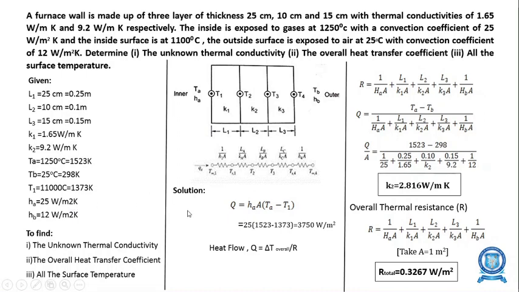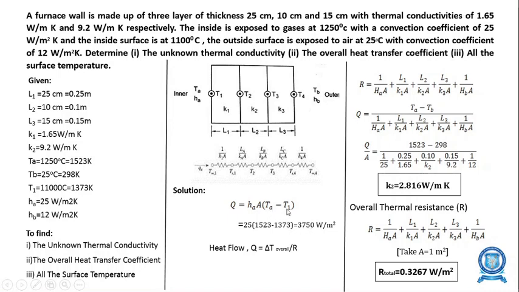Area is not given, and there are no values to find A. Hence we are assuming A is equal to 1 meter square. Therefore the unit comes as watts per meter square. We have found the value for a unit area, right?